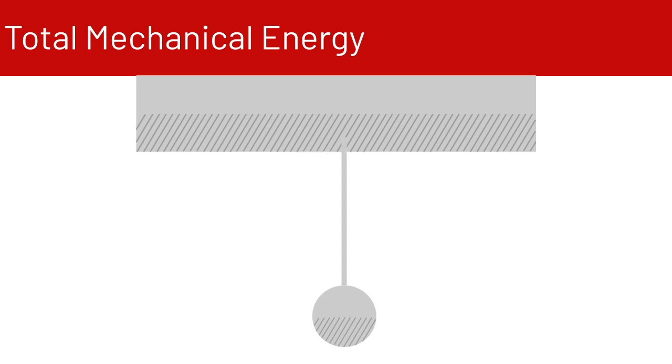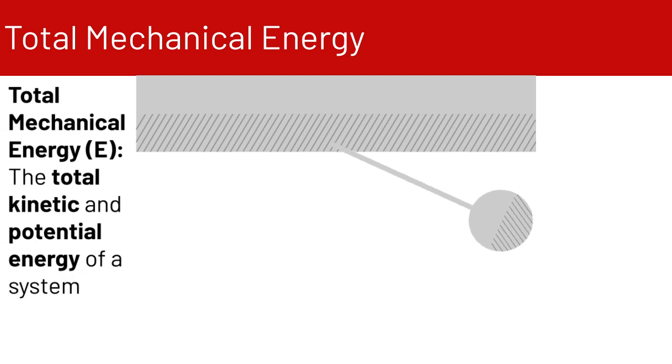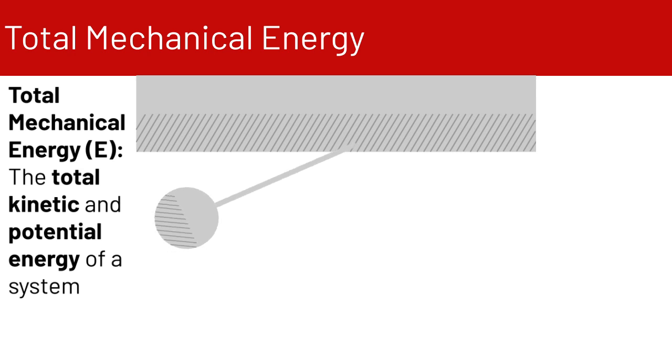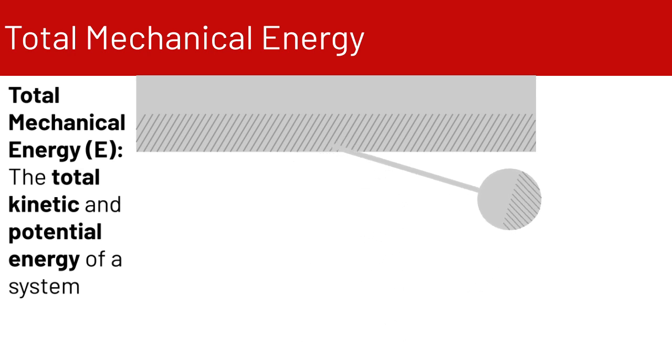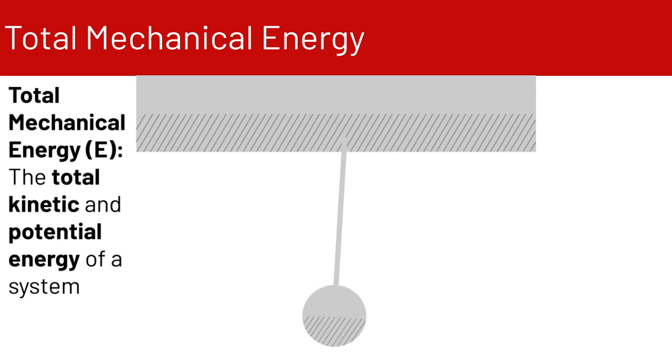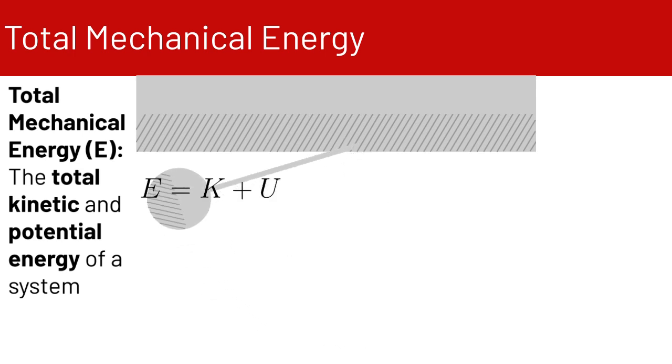Let's look at total mechanical energy. Total mechanical energy is the total kinetic and potential energy of a system. The equation for total mechanical energy is E equals K plus U. So E is equal to kinetic energy plus potential energy.